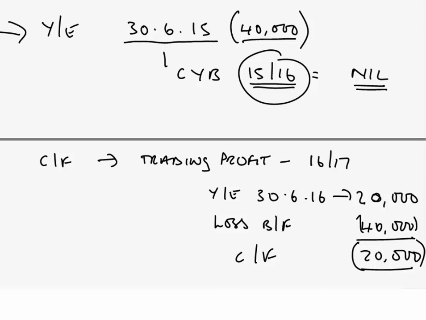This relief that we're now looking at allows us to set off against the total income of the current tax year, well, we know what that is, 15/16, and or the preceding tax year, which must be, of course, 14/15. So here, let's just identify our current and preceding tax year relief.